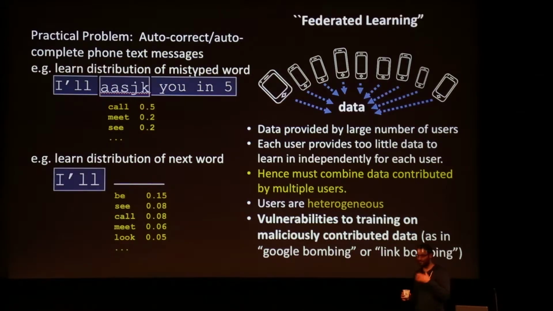I don't want you guys knowing my data, but to train the models on your phone, you probably need a bit of my data. How can we do this while preserving some privacy? There are lots of questions related to privacy. Here we'll focus on just the robustness questions. There are also lots of questions related to communication. How do you train these models without beaming everyone's data all over the place, while leveraging the fact that you have lots of different data sets?